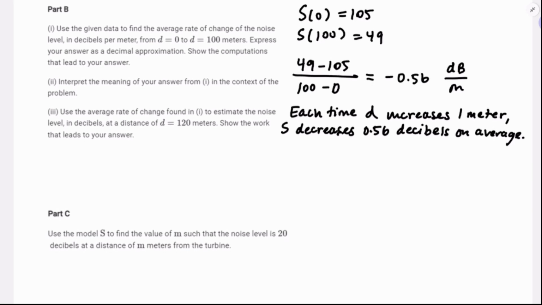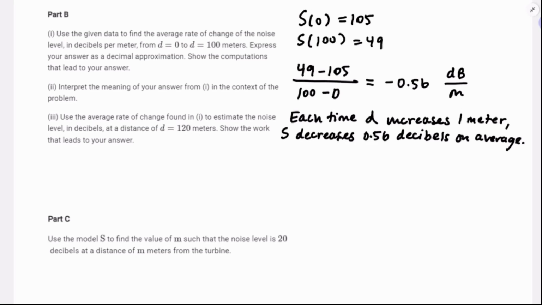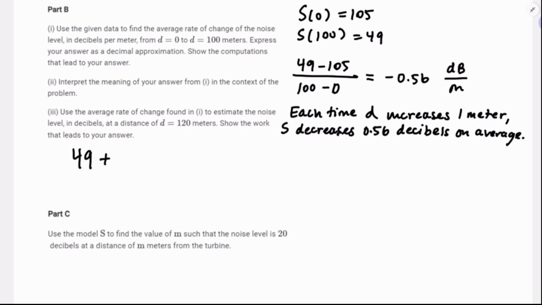estimate the noise level in decibels at a distance of 120 meters. Okay, so the actual noise level was 49, and then I'm going to add the total amount of change. Well, that would be the average rate of change, negative 0.56 decibels per meter, times the additional 20 meters from the 100 meters to the 120 meters.